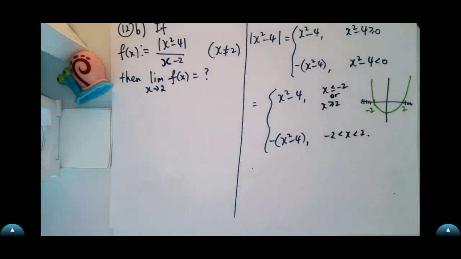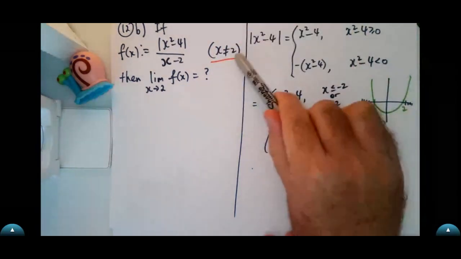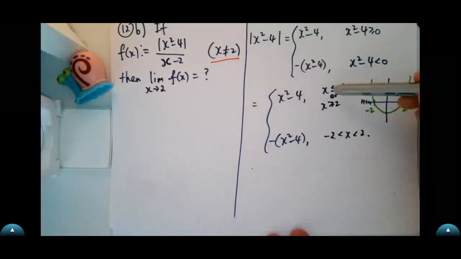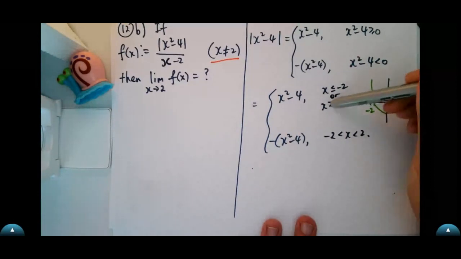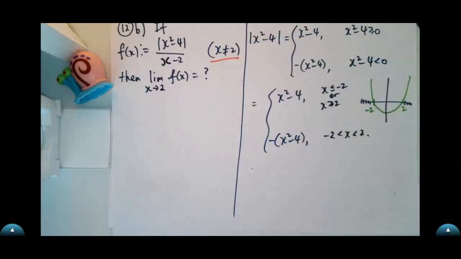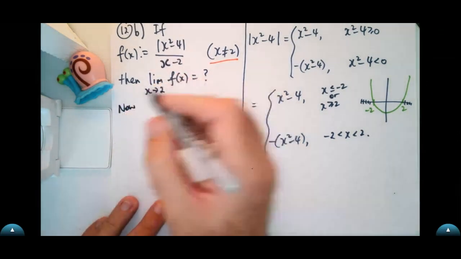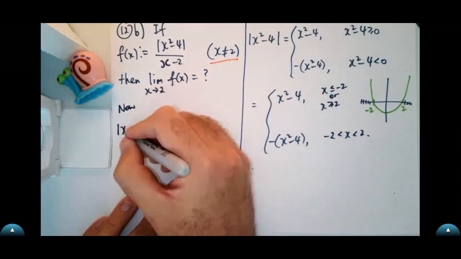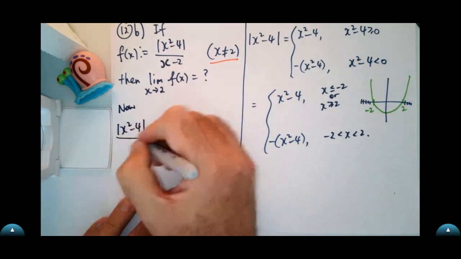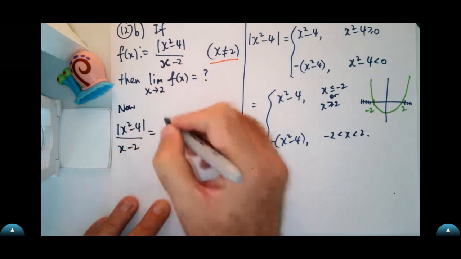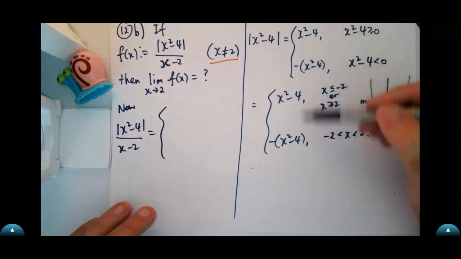Okay, now one of the things we need to be careful of course, is this thing here, right? X can't equal 2. Even though this is all correct, we want to exclude x equals 2 from this thing. We'll do that over here. Okay, so let's work it out. So I'm going to break this up, similar to what we have here.